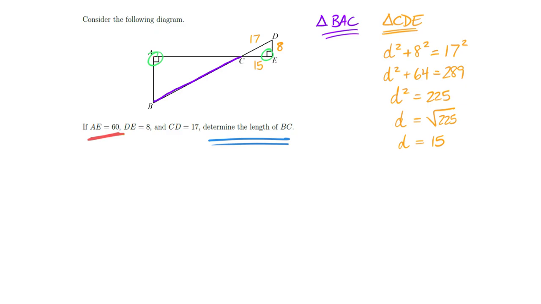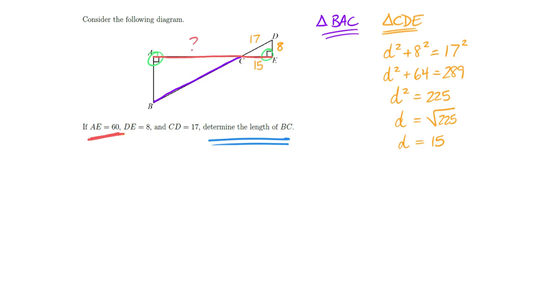So I'm just going to draw on that red trace line because I just want to highlight the fact that that length of 60 that I just highlighted represents lengths on both triangles, like combined. So I know part of that length is 15.